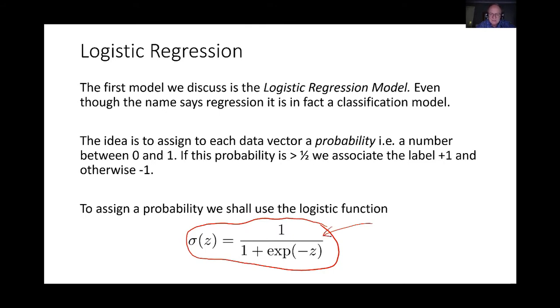The exponential function is always positive, so the denominator is positive and the numerator is positive, so the whole thing cannot be negative. It will always be less than 1, because we're dividing by something that's bigger than 1. So this function does what we want: it takes the whole real axis, all the real numbers, and squishes them into the interval between 0 and 1.